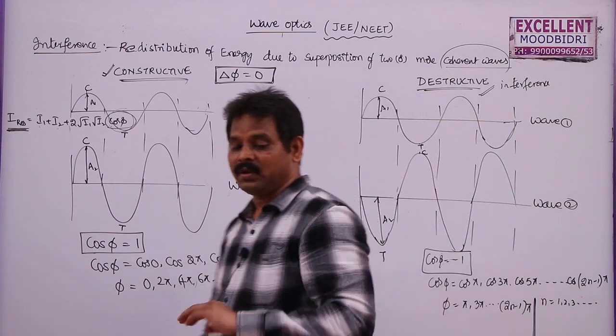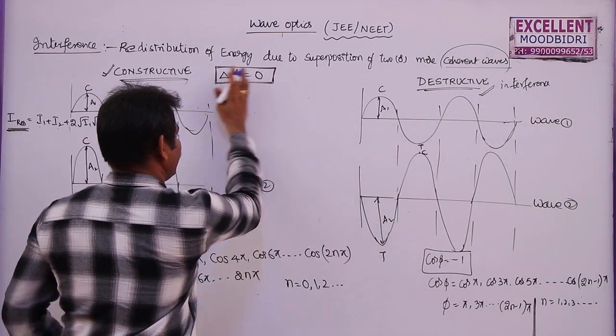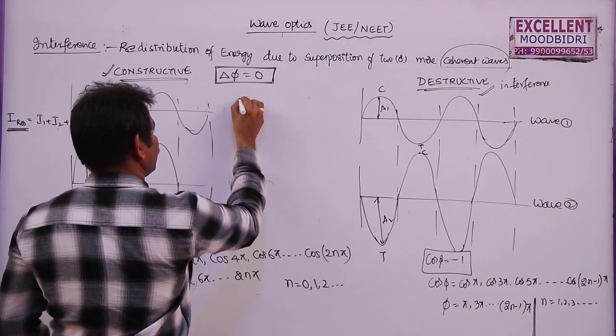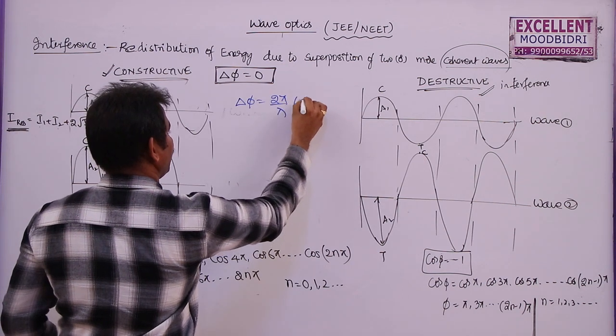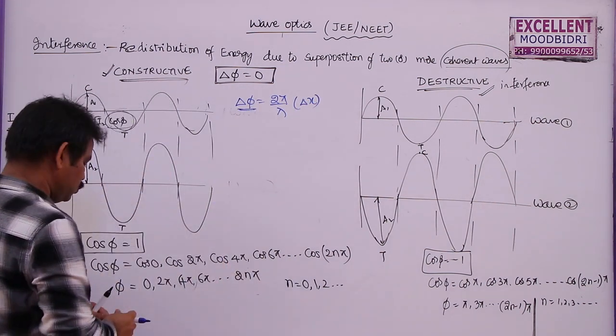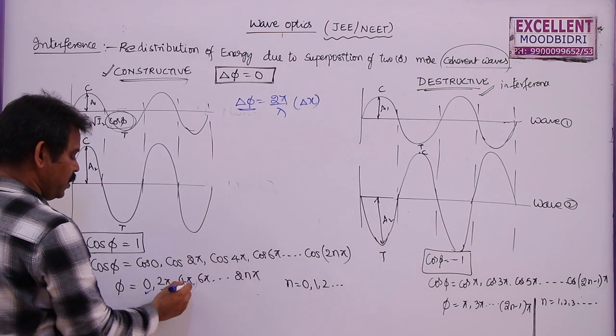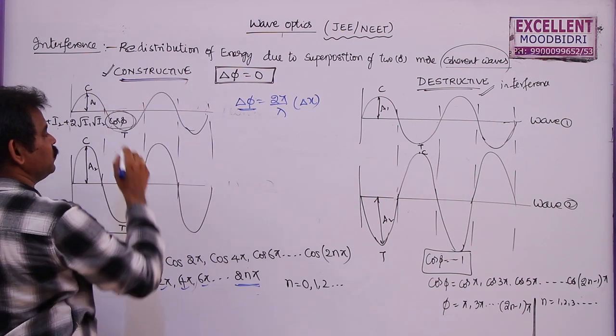The relation between phase difference and path difference is given by this equation we know: delta phi is equal to 2 pi by lambda into delta x. If the phase difference is equal to 0 or 2 pi, 4 pi, 6 pi, and 2n pi, then constructive interference will take place.